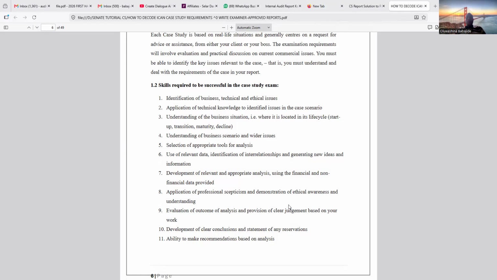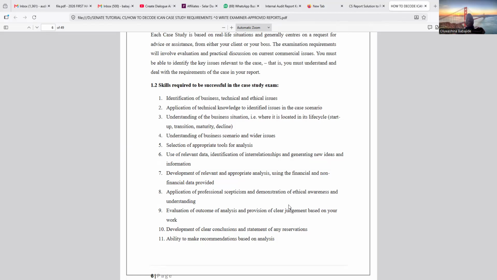Then another one is to develop relevant and appropriate analysis using the financial and non-financial data provided. You need to develop a relevant and appropriate analysis. So when you are reading, you analyze, and you expand the analysis. Okay, it comes like this, this should be like this.